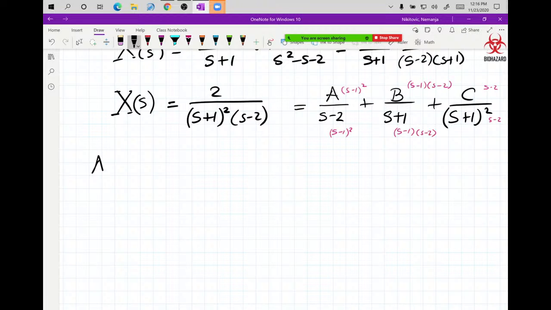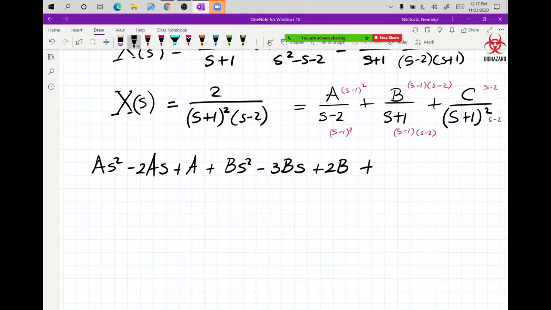So I have A s squared plus 2As plus A, plus Bs squared minus Bs minus 2B, plus Cs minus 2C, everything equal to 2.